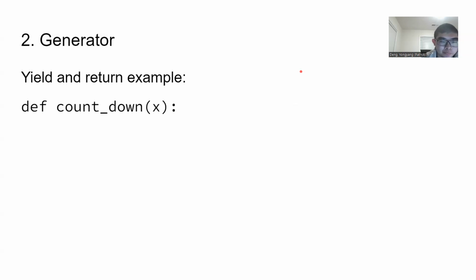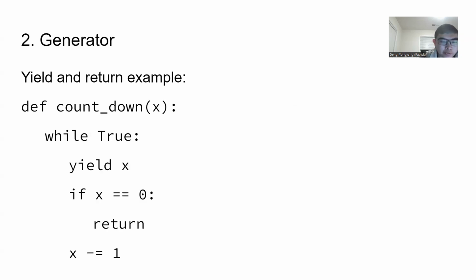Yield and return example. Let's see. When you have a countdown, suppose I count down from 100. Actually, let's do 10, since 10 is much smaller and better for demonstration.